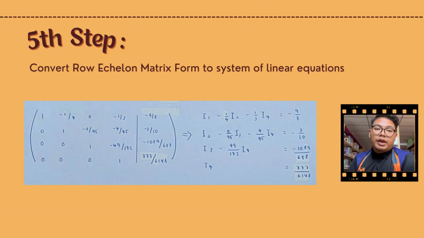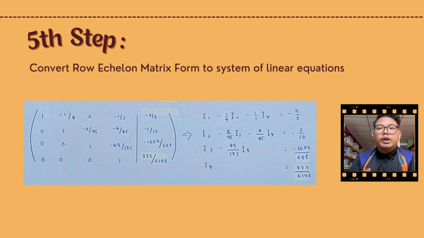Okay, next step, which is step 5. After we get the REF form, which is row echelon form, we need to convert it back to a system of linear equations. So it will be I1 minus 1 over 4 I2 minus 1 over 3 I4 equals negative 9 over 8.